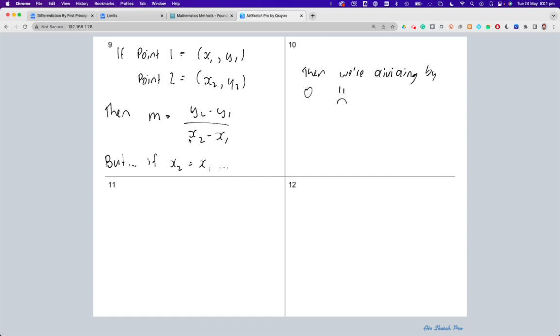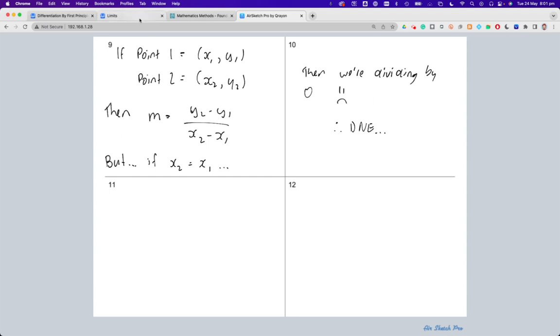And that's basically a no-no in mathematics. We can't divide by 0. As soon as we divide by 0, we run into trouble. It does not exist, which kind of makes sense because in order to work out a gradient, you need at least 2 points. And if I'm saying both those points are in fact the same point, then of course it's not going to work. Okay, so this is the problem.